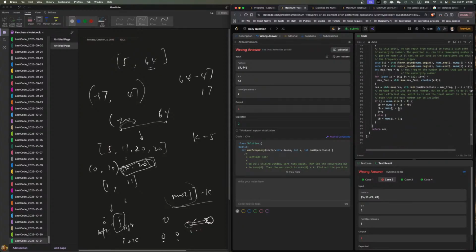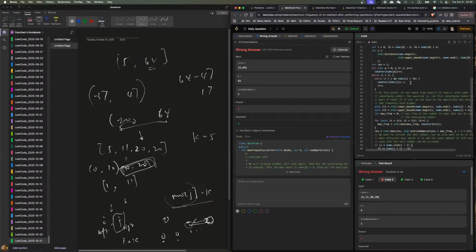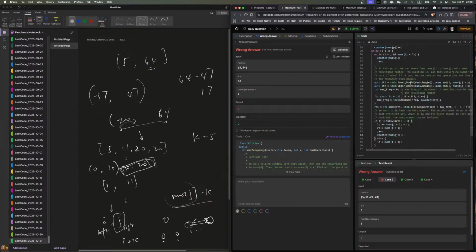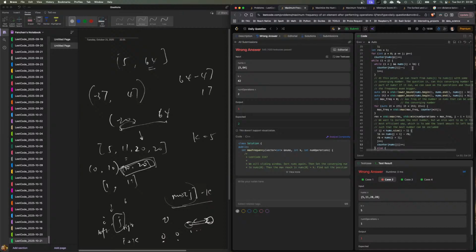Then we move this, hold on. Right? So now it's 20, I, so we move.